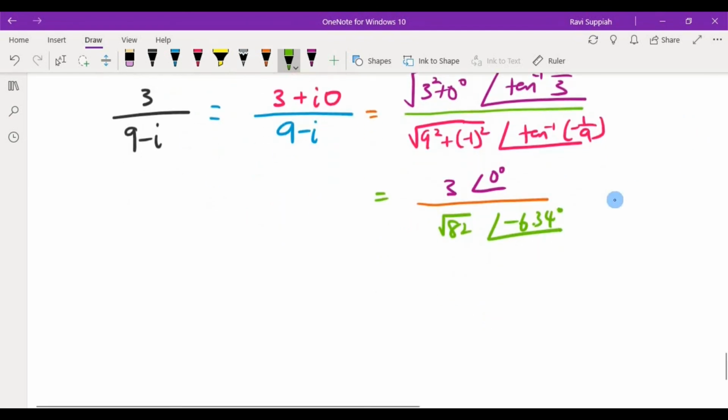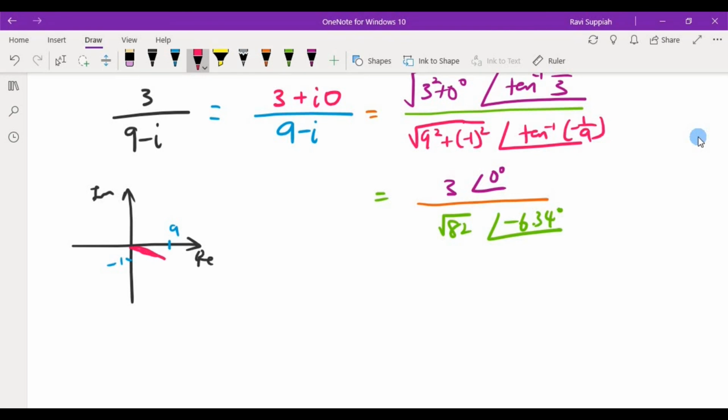As we have seen just now, when the angle is negative, we need to draw the complex plane and see where it lies. So this is the real part and this is the imaginary part. So 9 minus j, so 9 will be here, minus j is minus 1. So the complex number is actually represented by this vector here, which means that the theta, negative 6.34 degrees, is this angle here.